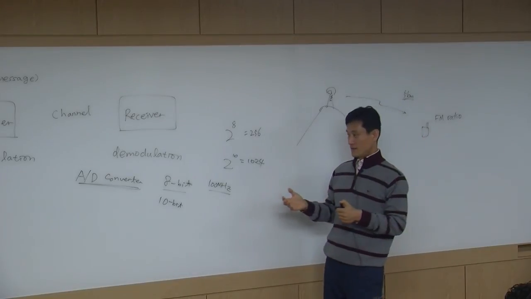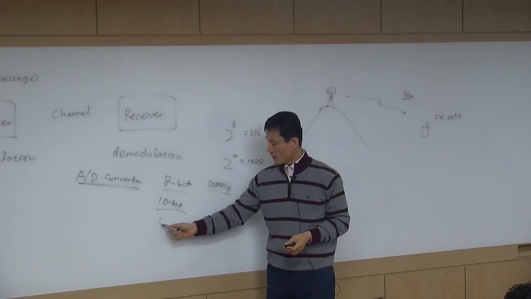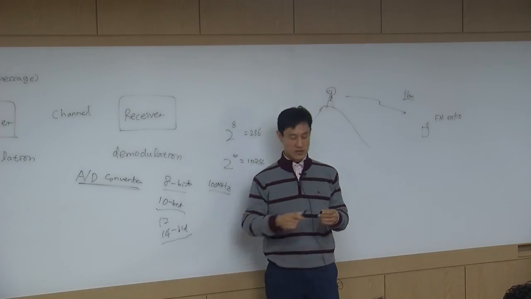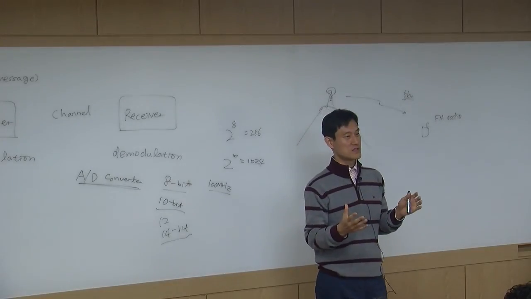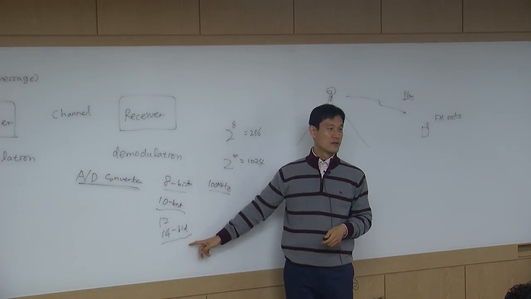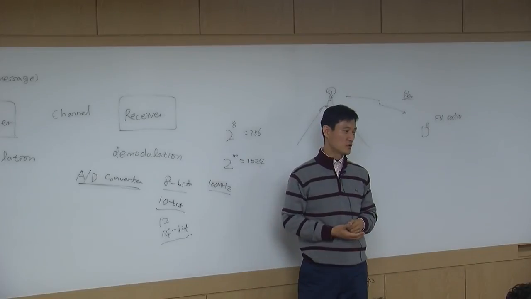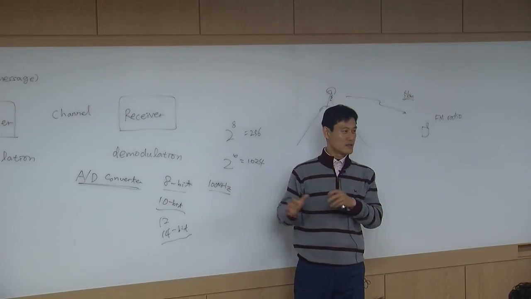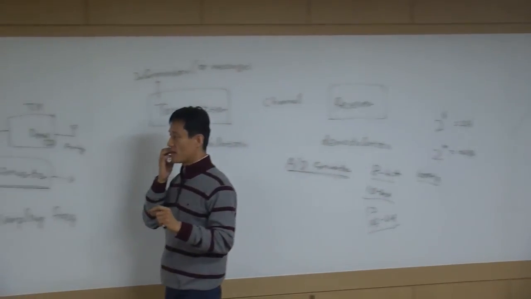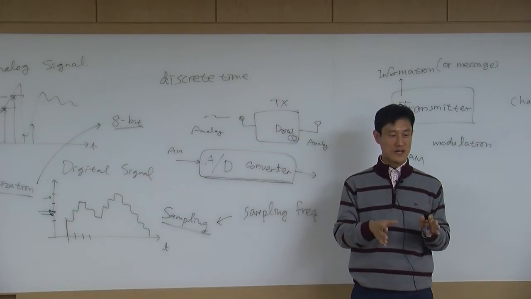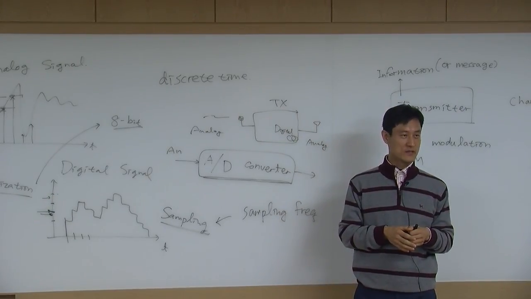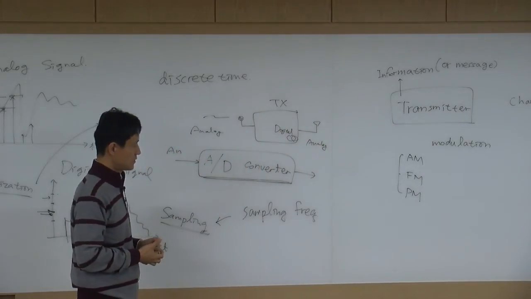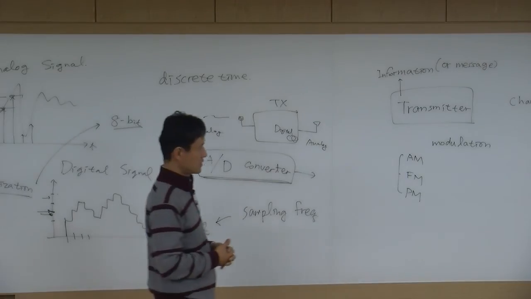So typically 10-bit, 12-bit, sometimes even 14-bit is for high-end audio, very good quality audio systems. But for a cell phone and things like that, you don't need this expensive one. 8-bit is good enough. But you will see an A to D converter in every single device you have. So that's always the starting point.